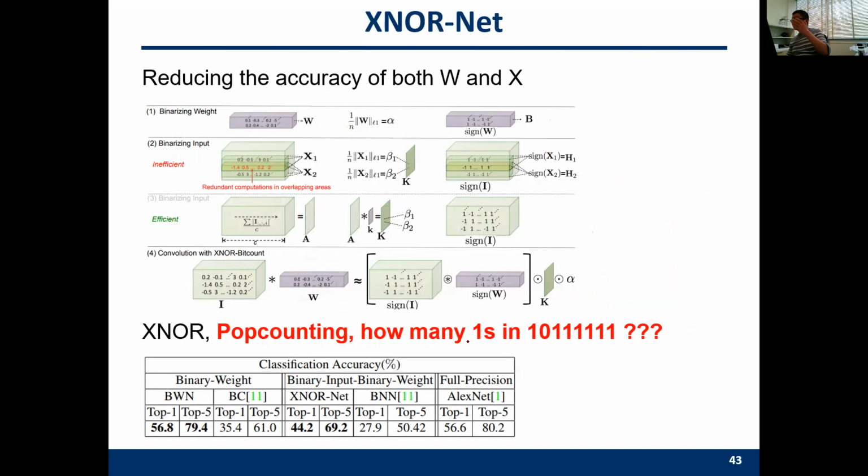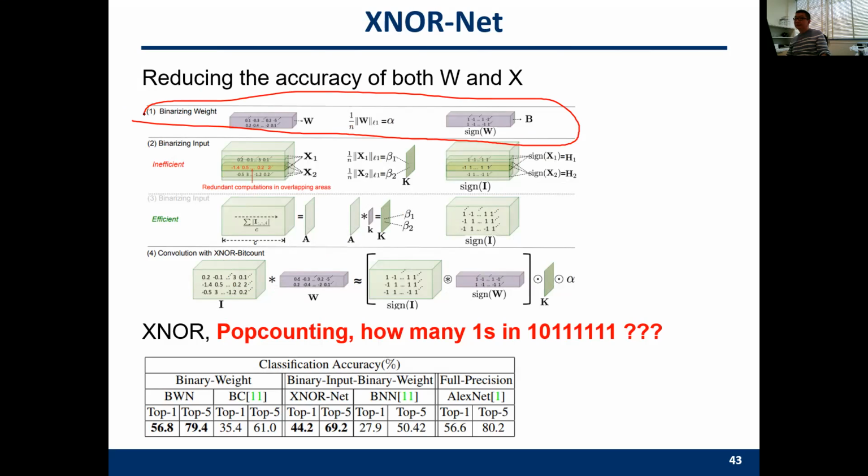So for the binary connection, we just quantize the weight into -1, 1 or 0. For some more extreme neural networks, they also quantize the input. So basically this is the binarized weight.